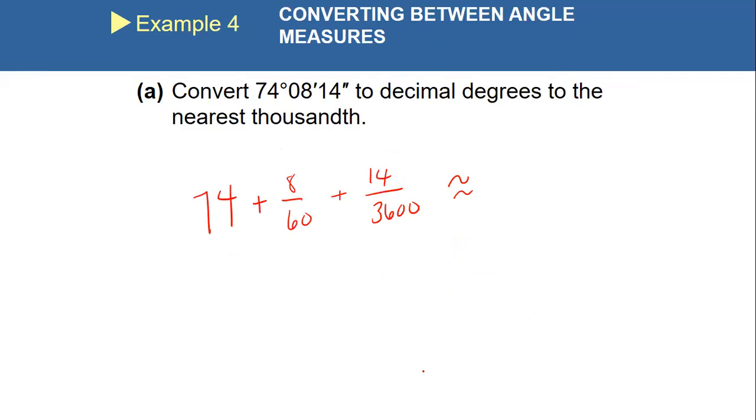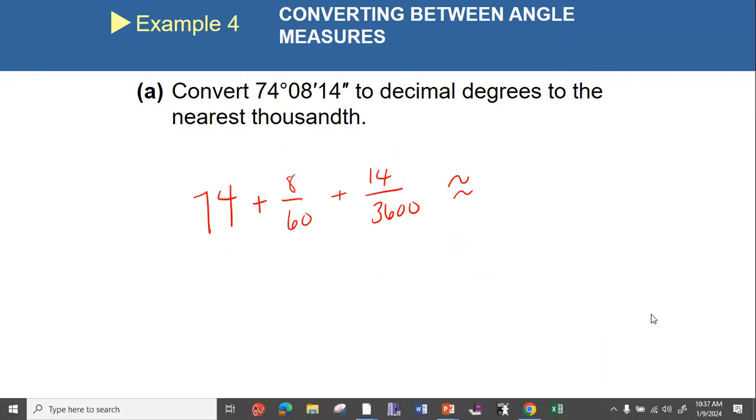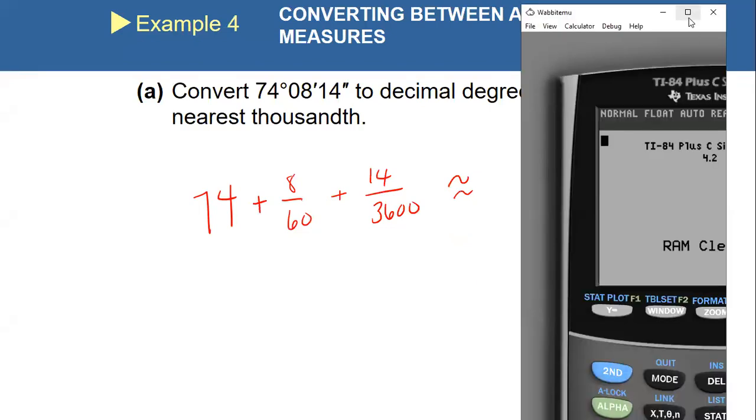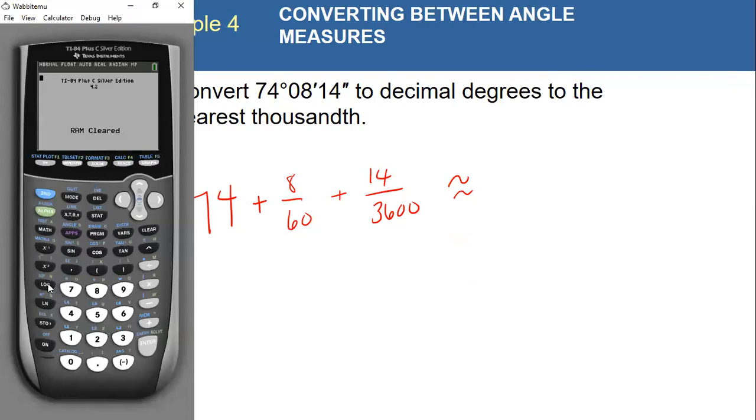Okay, so now we're going to go to our calculator. We have 74, 8 divided by 60, plus 14 divided by 3,600.